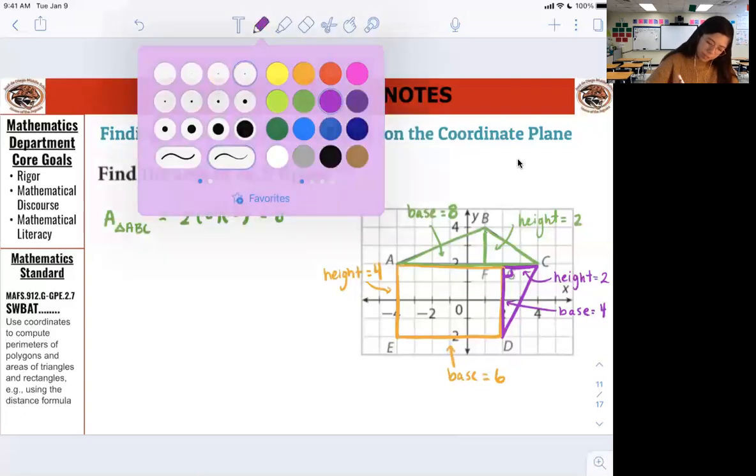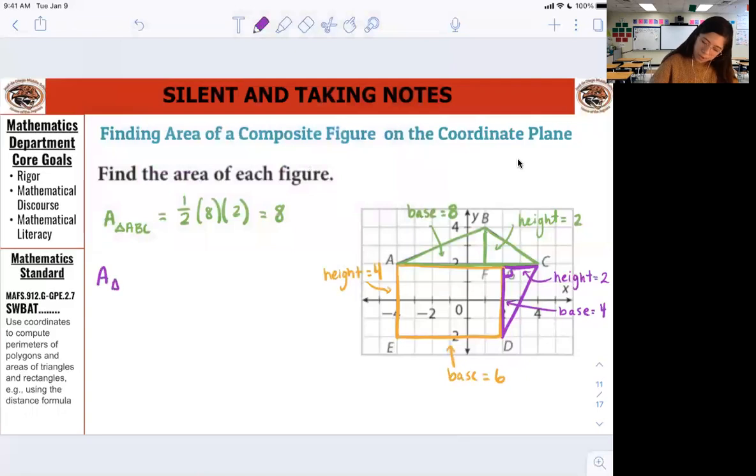Let's do the purple triangle. Area of triangle CDF, 1/2 base times height. That's going to be 1/2 times 4 times 2. What do I get? Good, 4. And finally, for my rectangle, what is the formula for rectangle?